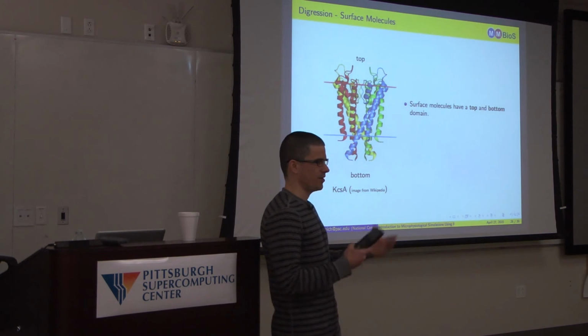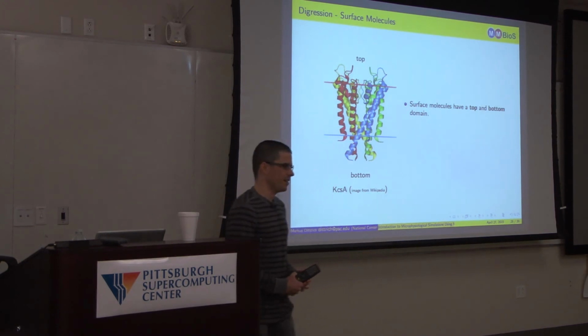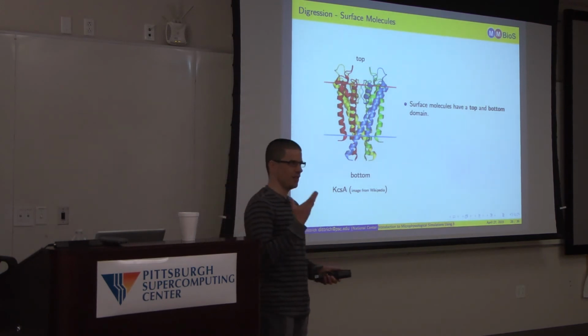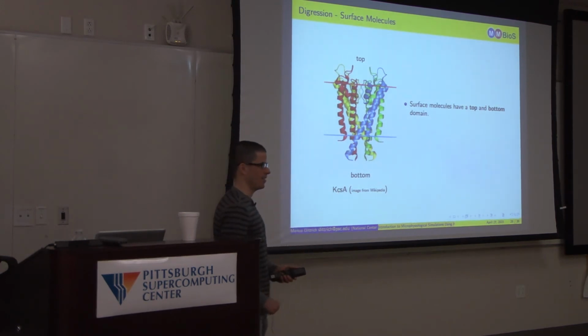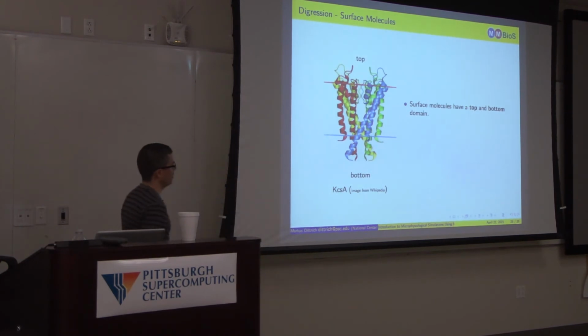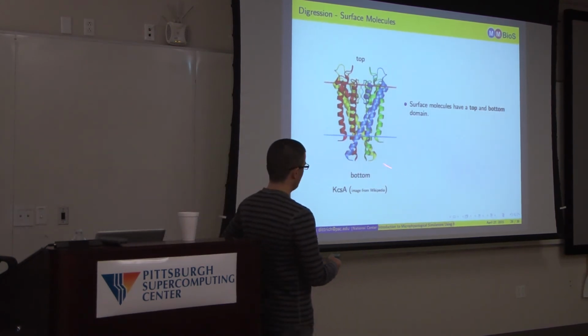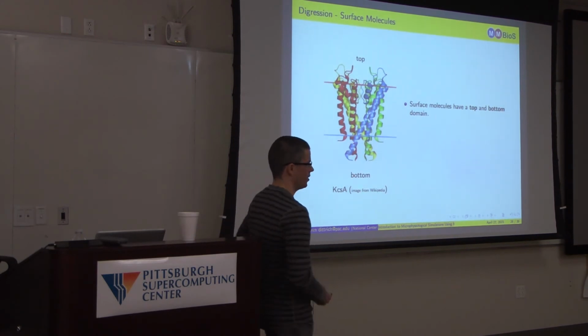For a receptor, it could be different. The key is there's a distinction between these two sides, and what that means biologically depends on whatever this molecule represents in your simulation. You can see it's not a symmetric protein. It has two distinct sides, one of them bottom, and one of them top.